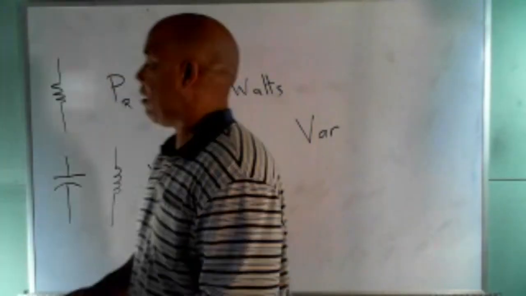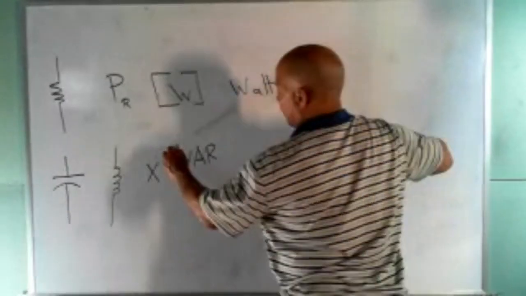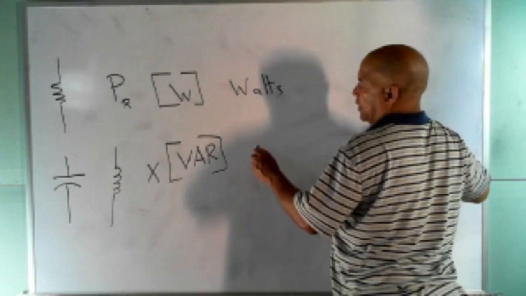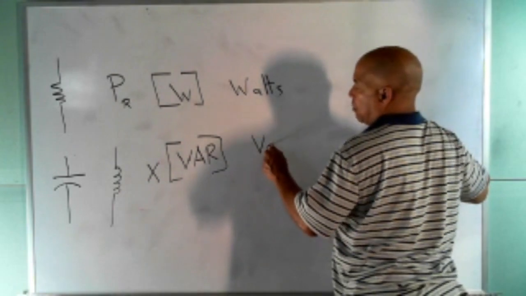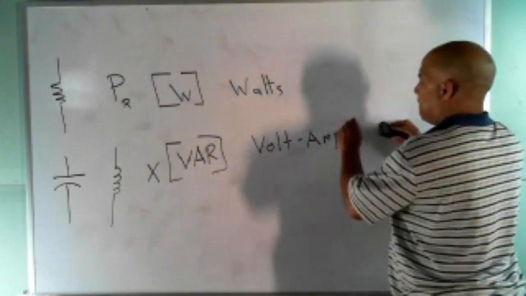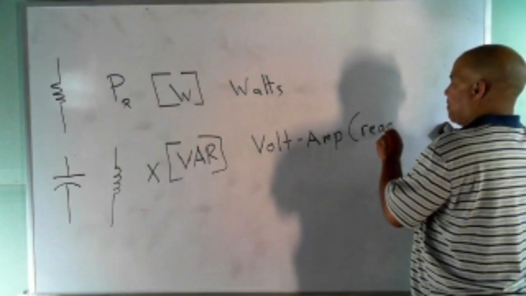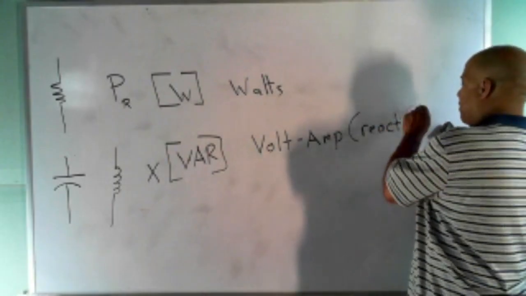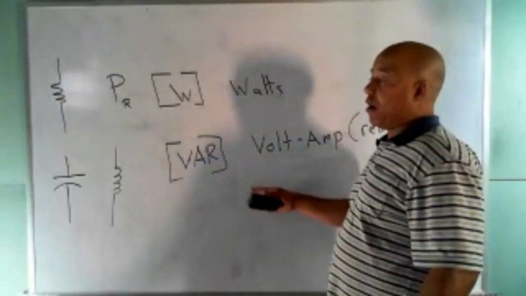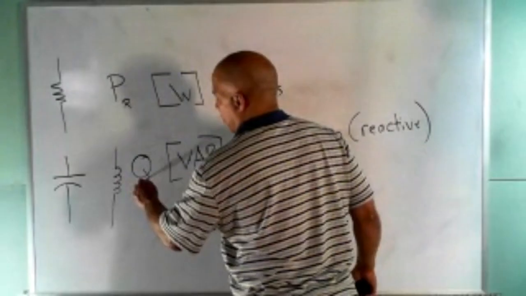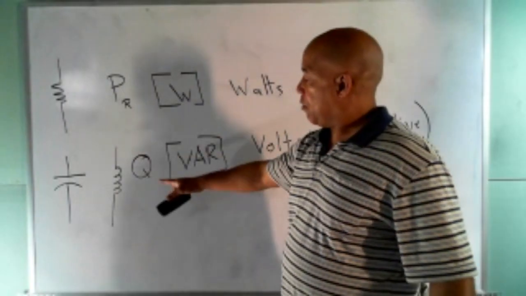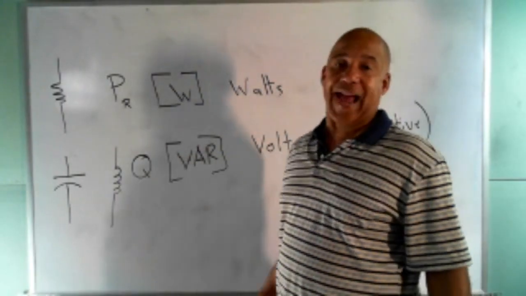Well, that's a unit for reactive power. It stands for volt, amp, reactive. Volt, amp, reactive. And the symbol we use for these VARs is Q. So we use P for resistive power, and we use Q for reactive power.